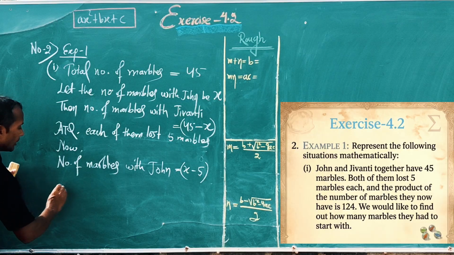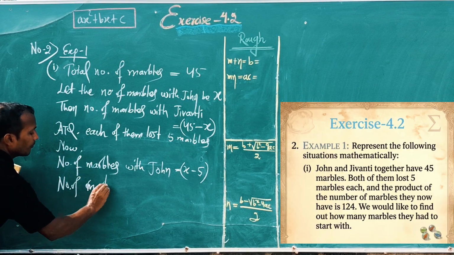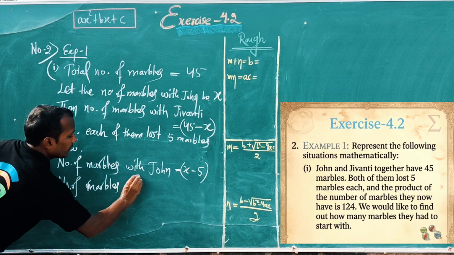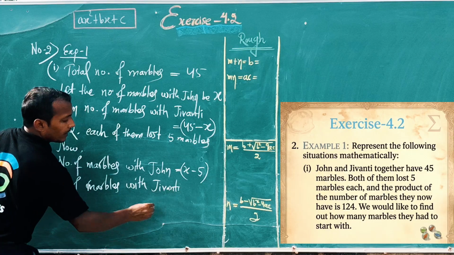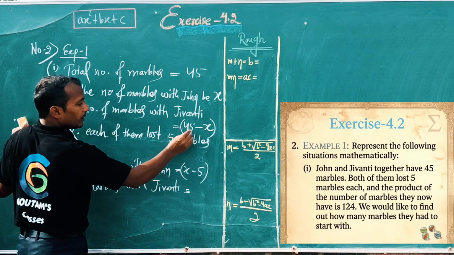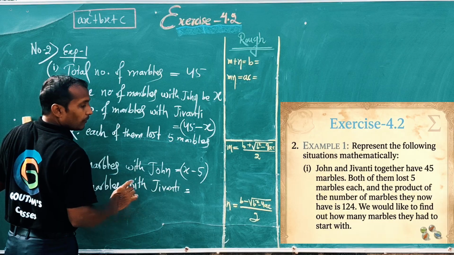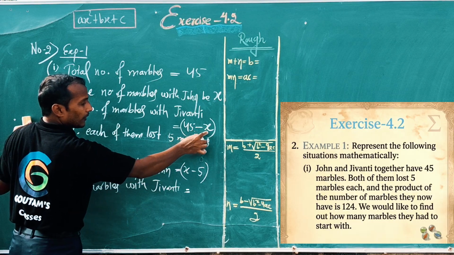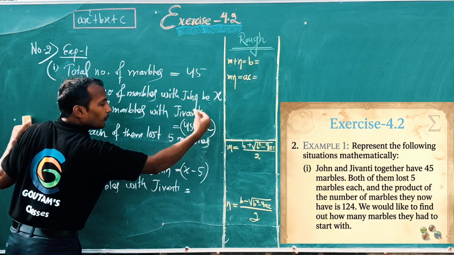Now the number of marbles with Jivanti will be how much? Jivanti had 45 minus x marbles. Now after losing 5 marbles, she will have what? 45 minus x minus 5, her previous number of marbles minus 5.